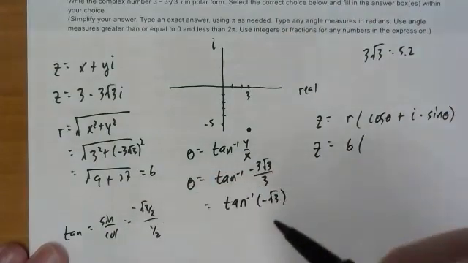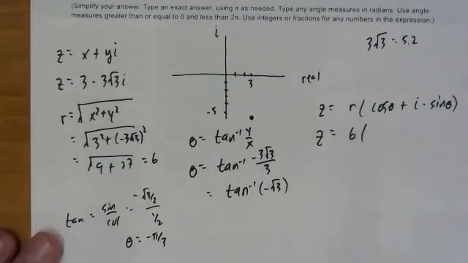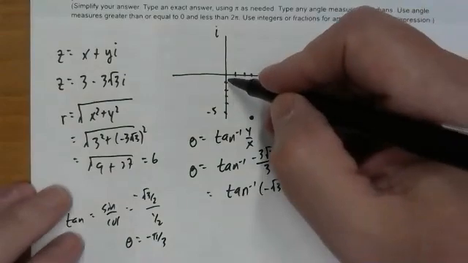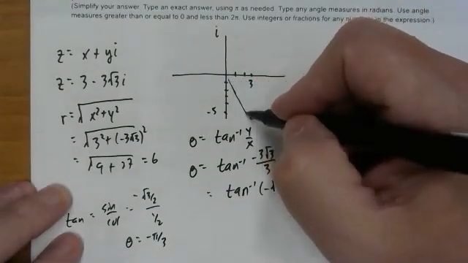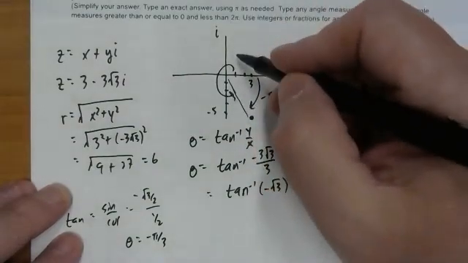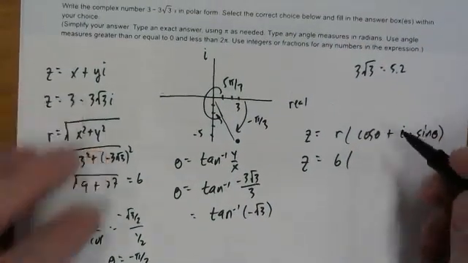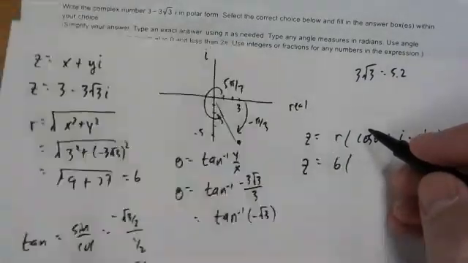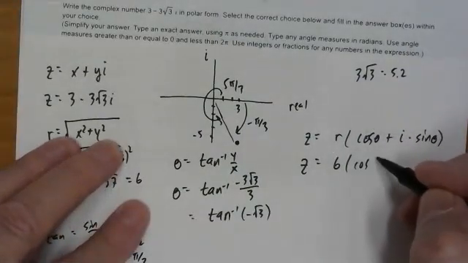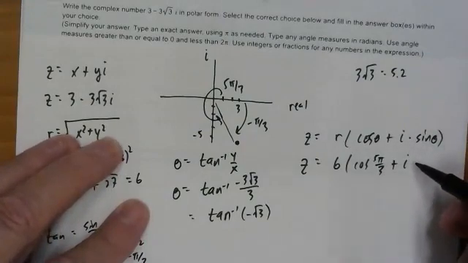And since we want this to be negative, a pure inverse tangent, the angle is going to be negative pi over 3. But they told us they want the answer to be between 0 and 2 pi. So this is negative pi over 3 here, but instead, the angle is 5 pi over 3. So the answer should be 6 times cosine 5 pi over 3 plus i times sine 5 pi over 3.